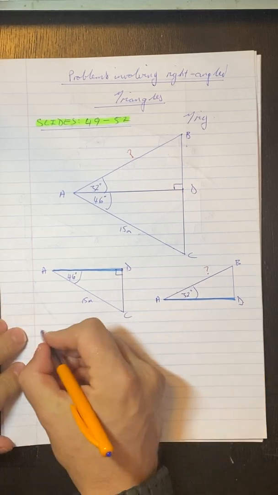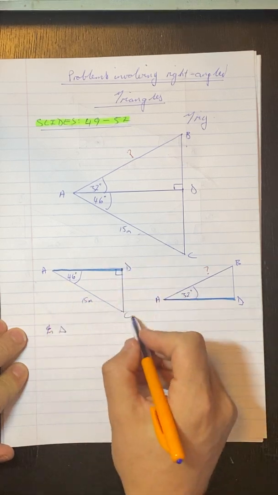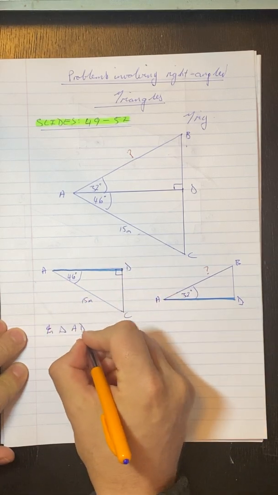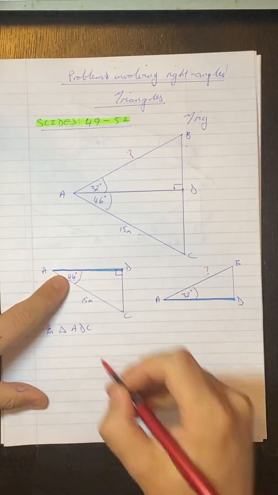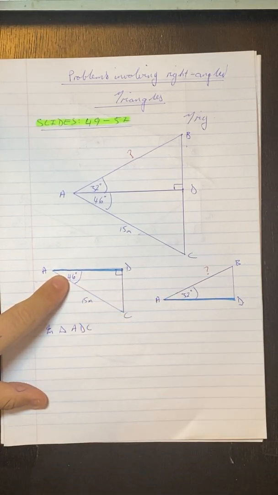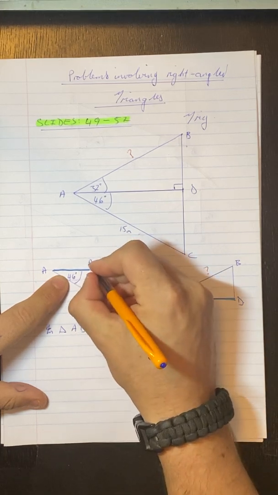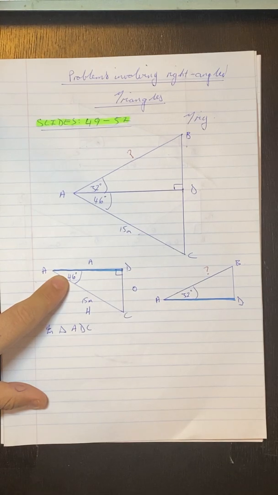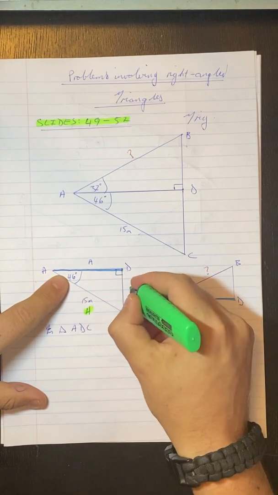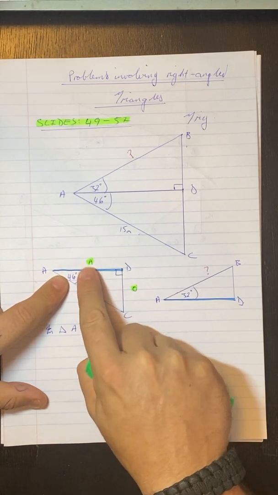So I'm going to say in triangle ADC, from this angle over here, this is your hypotenuse, this is your adjacent, and this is your opposite. Now we want to find this adjacent side over here.